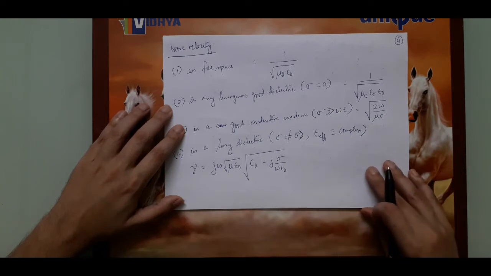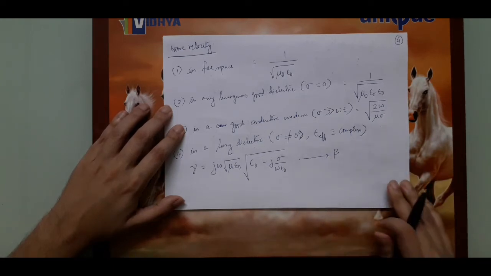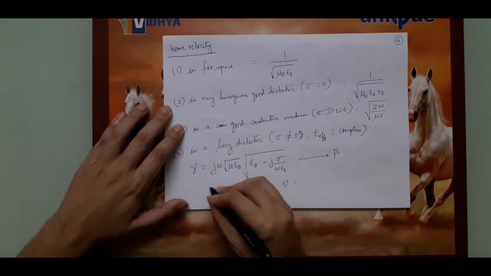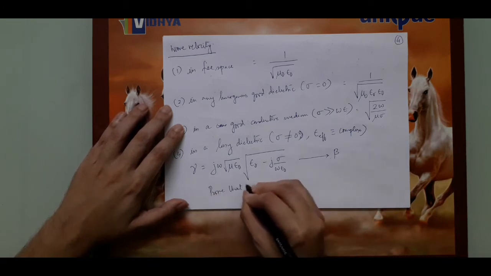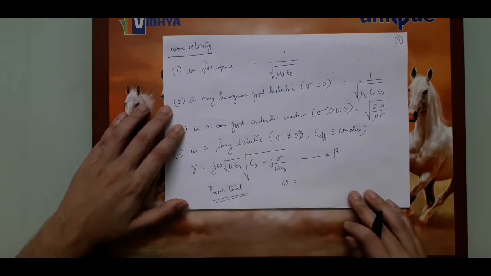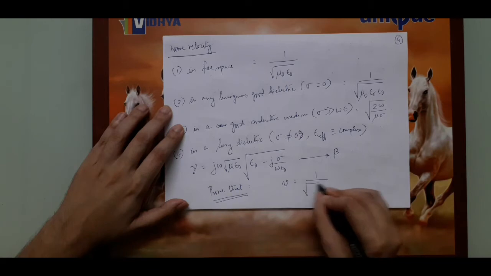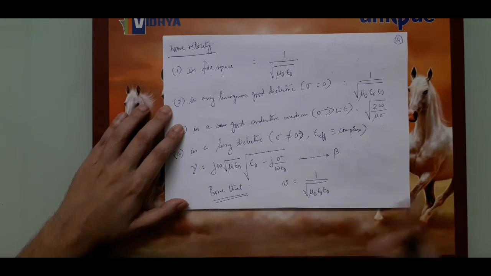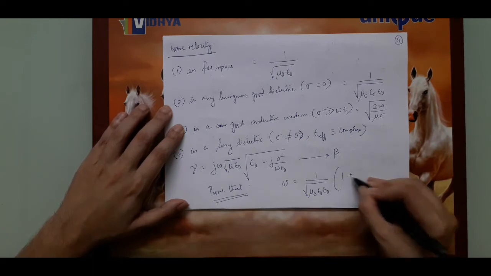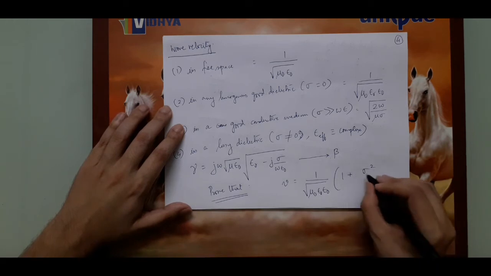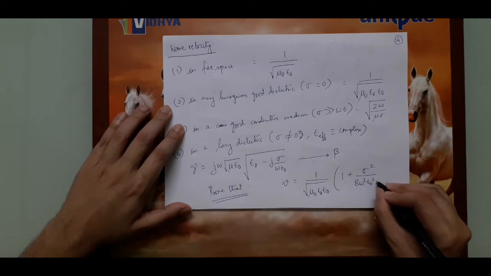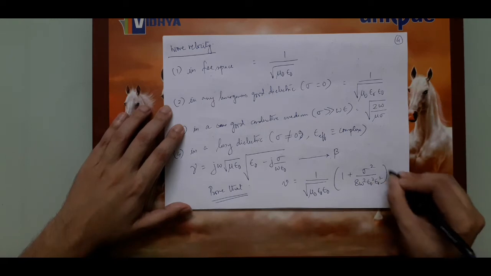I leave it to you as an exercise to find out beta and then use suitable power series approximations to show that the velocity is nothing but 1 by, it's very similar to this, root of mu 0 epsilon r epsilon 0 times 1 plus sigma square divided by 8 omega square epsilon 0 square epsilon r square, the whole raised to minus 1.